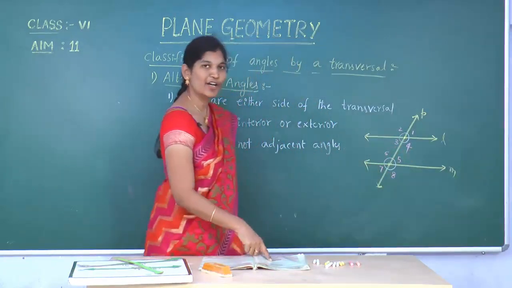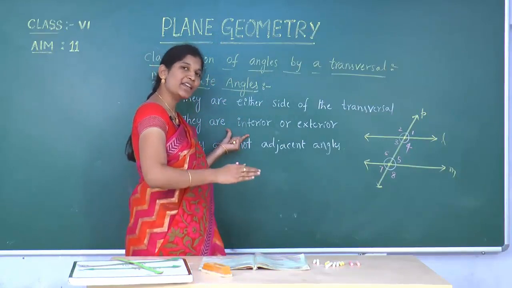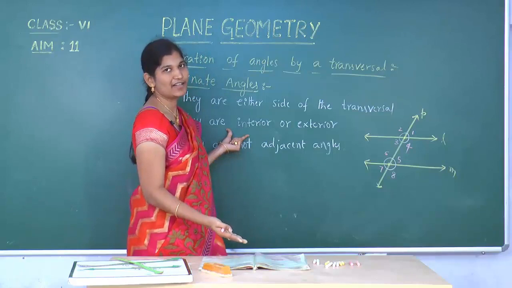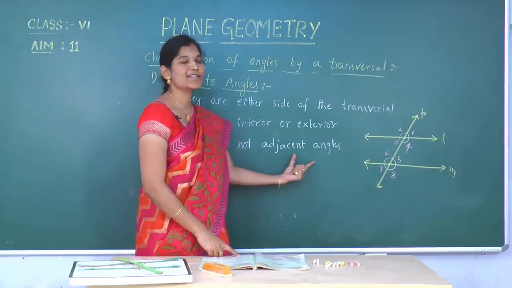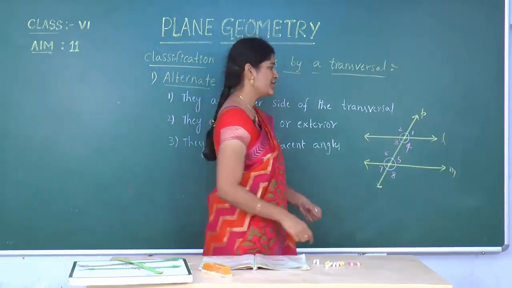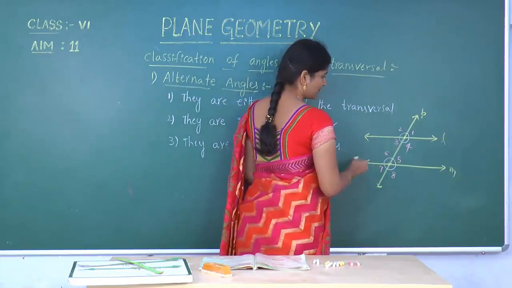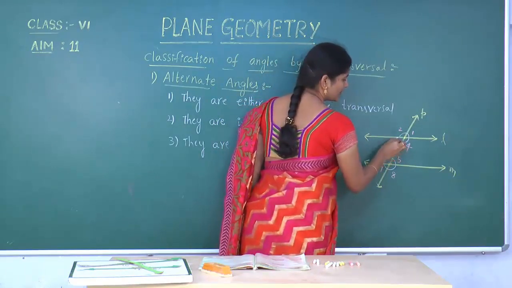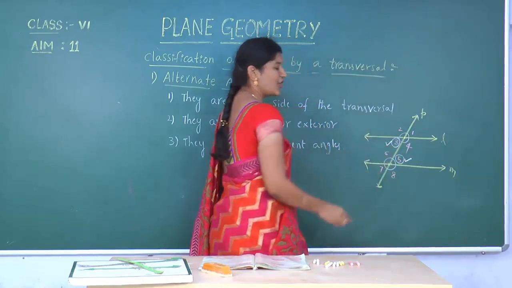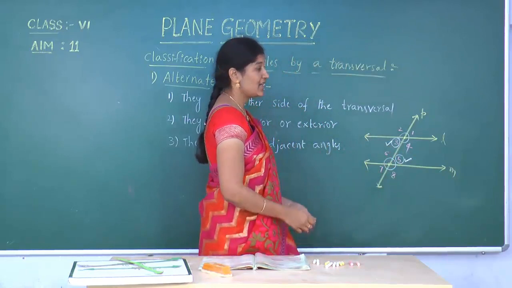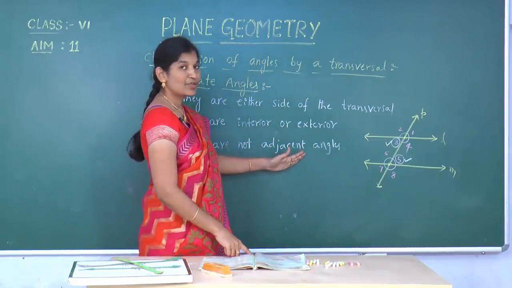But here we have to follow one more rule. Both may be interior or exterior, and at the same time they are not adjacent angles. So now if you take 3 and 5, can we say these two are alternate angles? Yes. Let us check whether they follow the three rules or not.